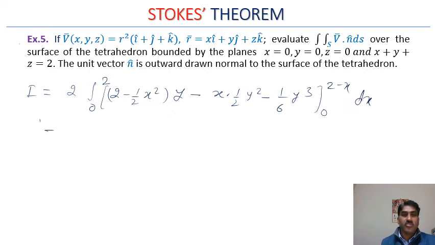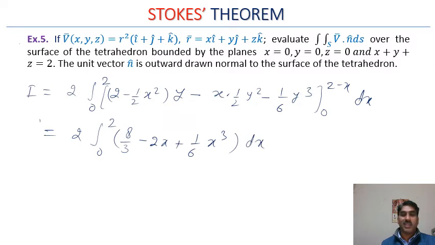Again you simplify this, everything is 0 on the lower limit, so you just need to put y equal to 2 minus x, and after simplification you get 0 to 2, 8 by 3 minus 2x plus 1 by 6 x cube, dx.